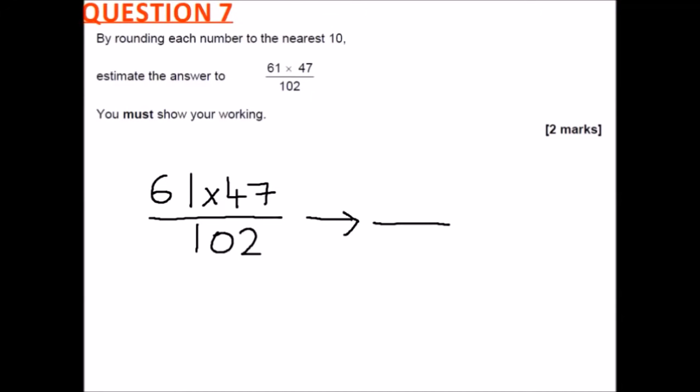So 61, we need to round this to the nearest 10. 47, we need to round that to the nearest 10. And finally, 102, we're going to round that one to the nearest 10 as well. It sounds obvious, but it's just a case of reading the question carefully and being systematic, leaving no stone unturned really.